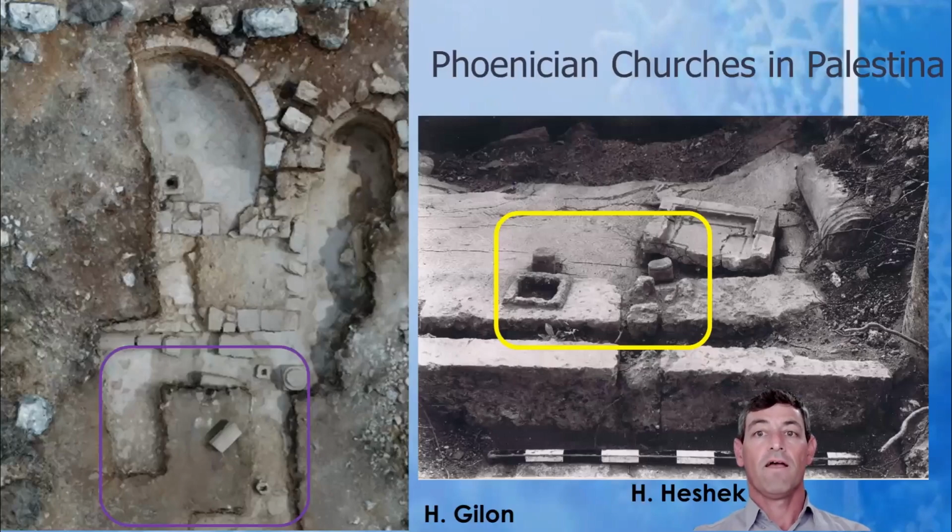Now, there's another interesting phenomenon that we can trace by this feature. We are looking here at Phoenician churches with Phoenician bema at Churbat Gilon and Churbat Cheshek. Gilon is on the left here, and you can definitely see encircled in purple the bases of the Phoenician bema in the nave.